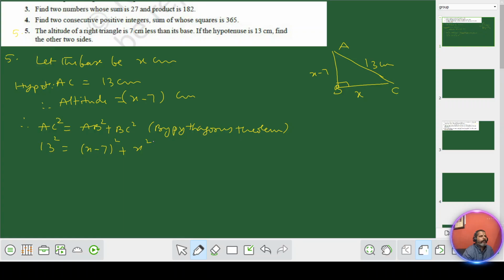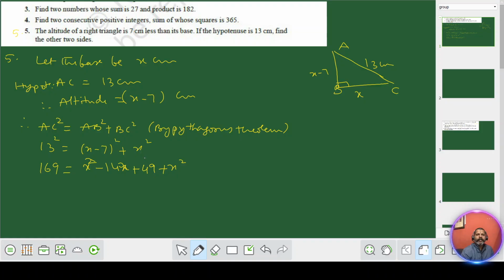BC square is x square. 13 square we know 169. If you don't know, just multiply once 13 into 13. You get 169. x minus 7 whole square is a minus b whole square formula: a square minus 2ab. 2 into x into 7, that is 14x, plus b square is 49, plus x square.